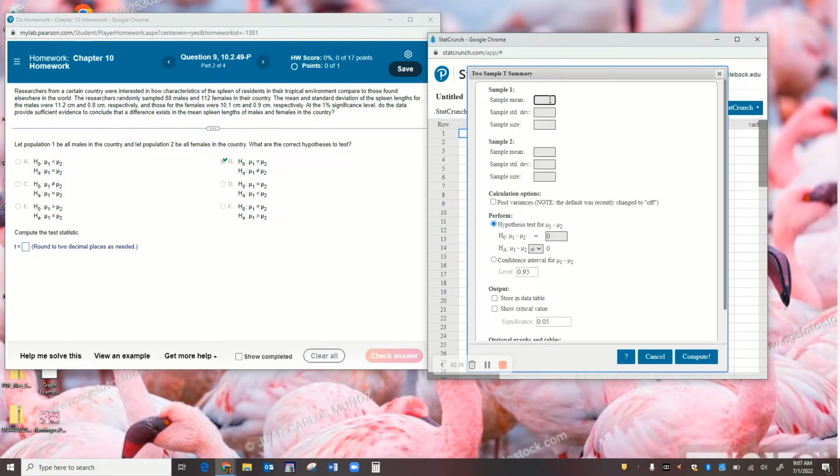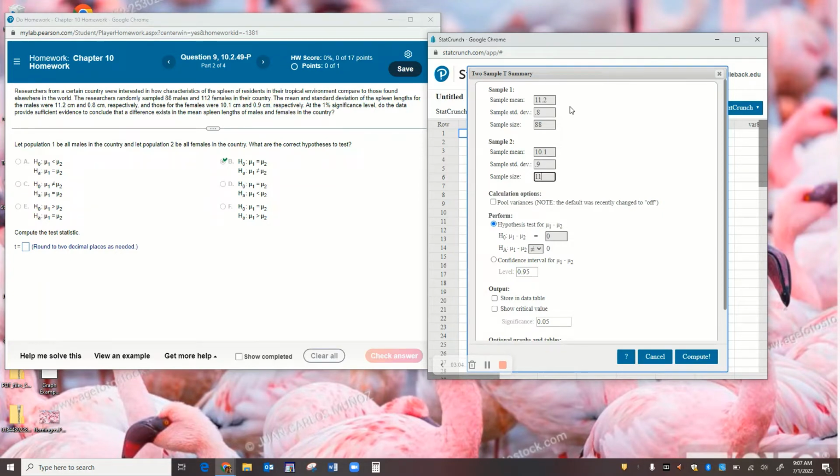So sample mean for sample 1, that was the males, that's 11.2 centimeters. Sample standard deviation was 0.8 centimeters. And the sample size, how many males were there? 88. Sample 2, the mean is 10.1 centimeters. Sample standard deviation, 0.9 centimeters.